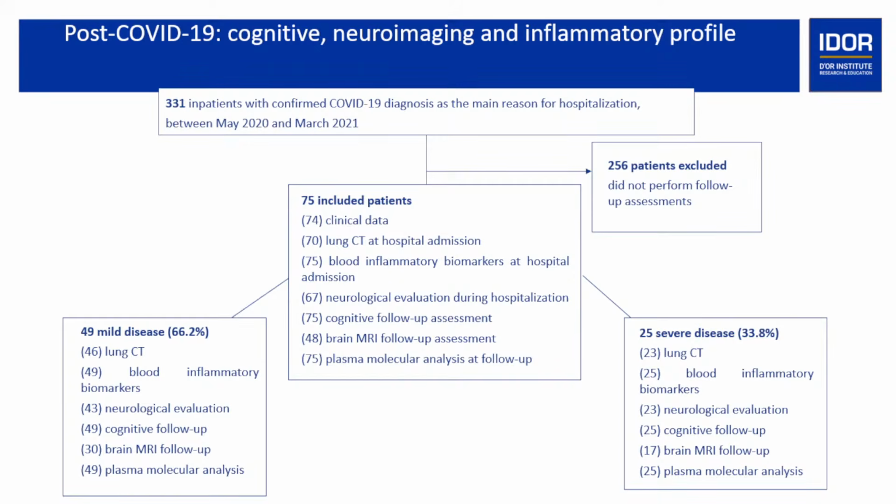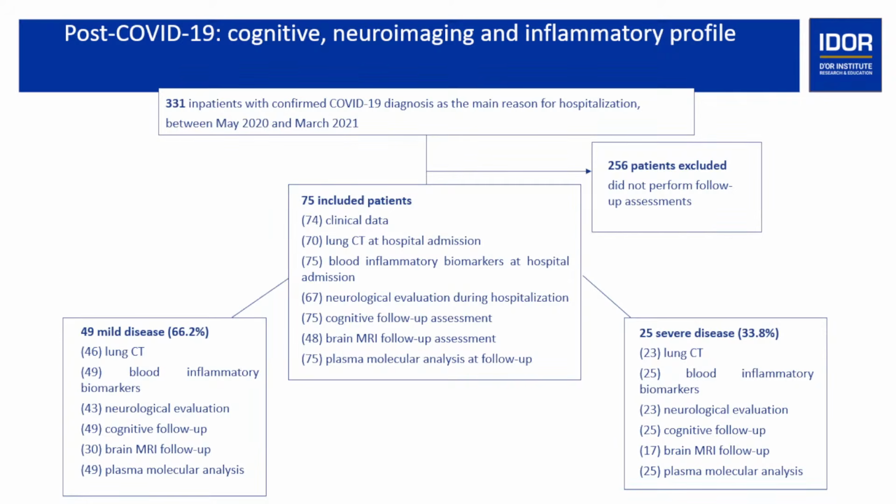We had 300 patients, 231 of whom were hospitalized because of COVID with moderate or severe disorder. Then we followed them. Now we have 100 and something, but when we performed those analyses, we included 75 subjects in this study, and we did all those things that I already explained. We did neurological investigations, follow-up MRI, and also plasma analysis.